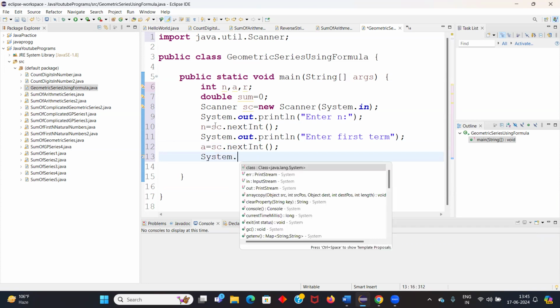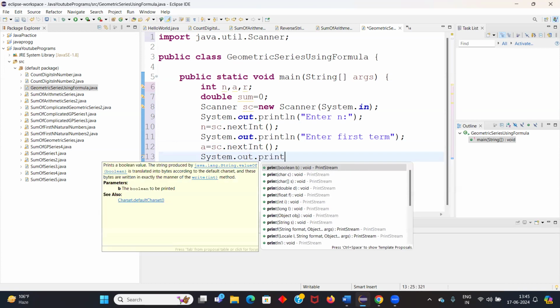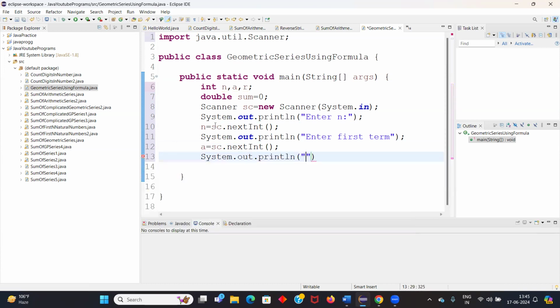Now I will get the value of the common ratio, and that I will store in the R variable. That will also be an integer. And let me write enter number of terms here for clarity. So I got all my inputs. Now I will apply the formula.